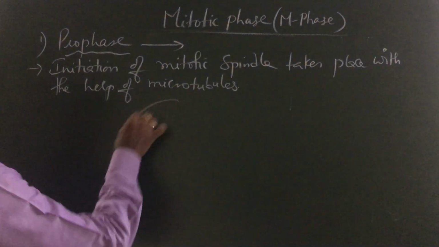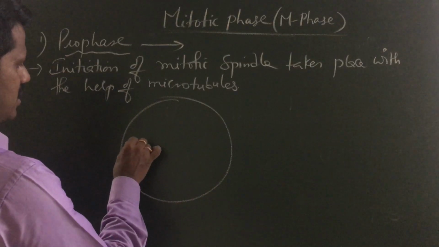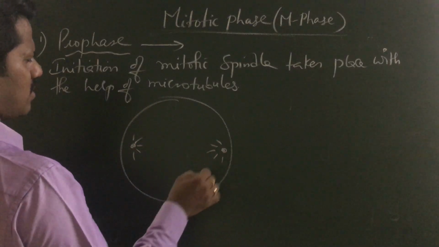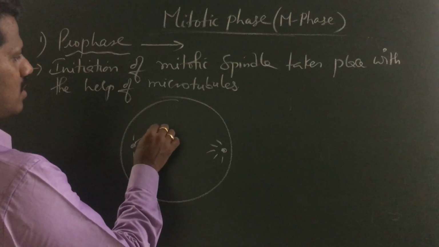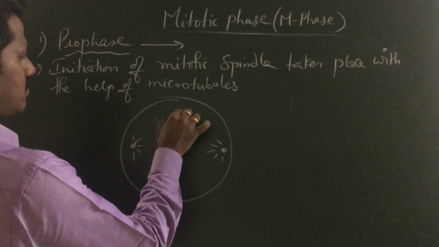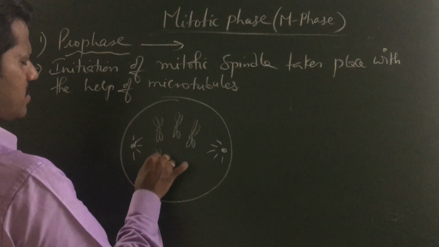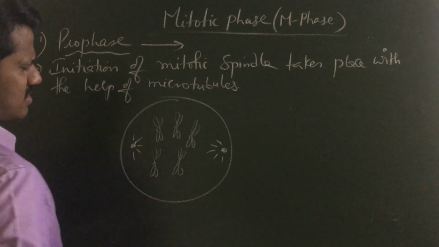Finally, if you see, centrioles are present over here. The nuclear membrane has disappeared, so the chromosomes come into the cytoplasm like this.